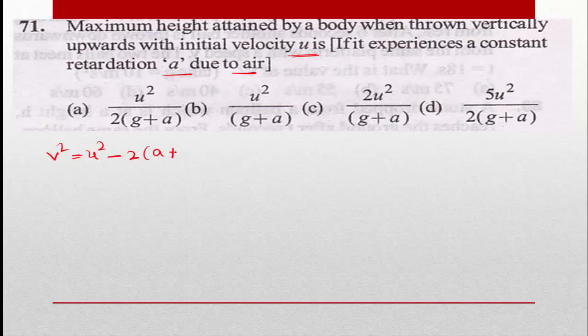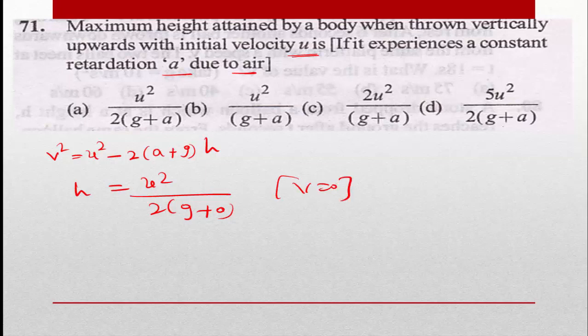Here also the acceleration is g plus a, and s equal to h. Therefore, h is equal to u square divided by 2 into g plus a. Here also the final velocity is 0. Option A is the right answer for this question.